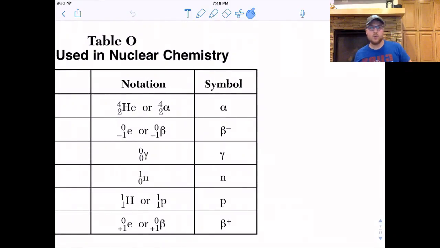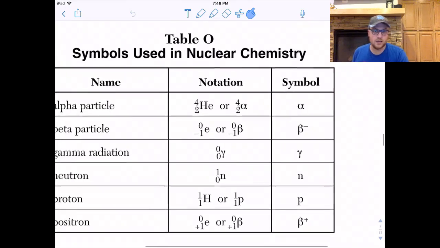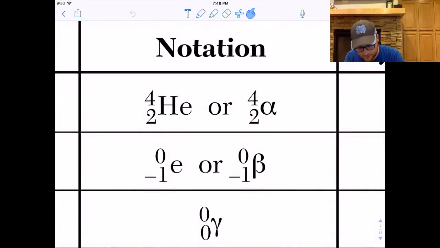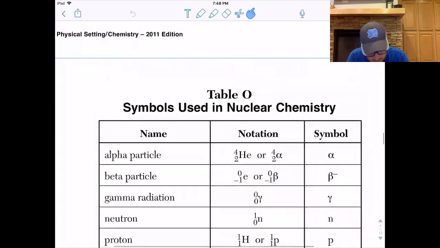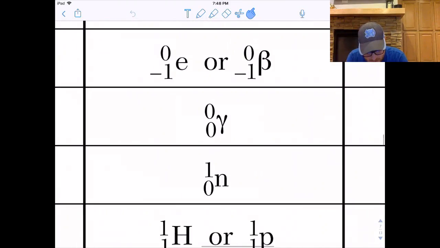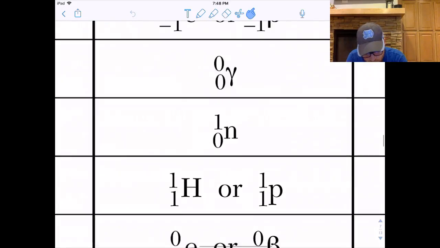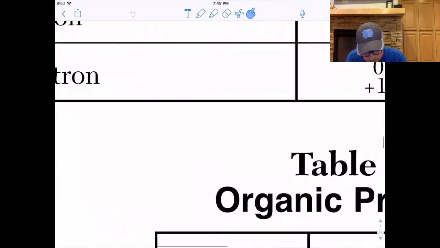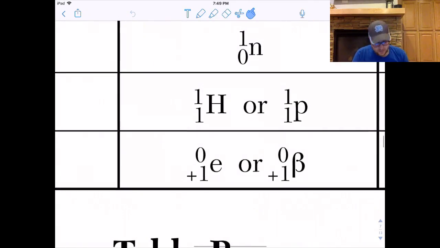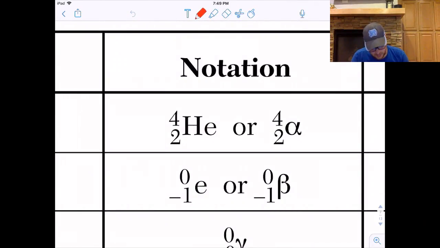So, the A is an alpha particle. The B- is a beta particle, the Y is a gamma particle, and the B+ is called a positron particle. Now when you look at these, this top number here is the mass, and this bottom number here is the charge.